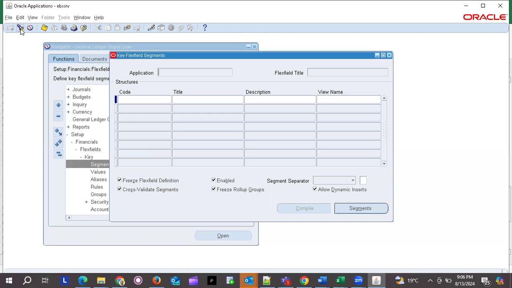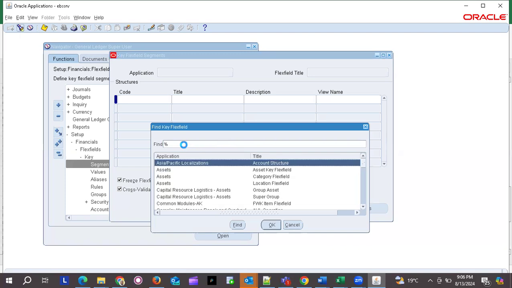You're supposed to come and search. Click on the find icon. Here you can see we have the application and the title. Search for general ledger, then press find.